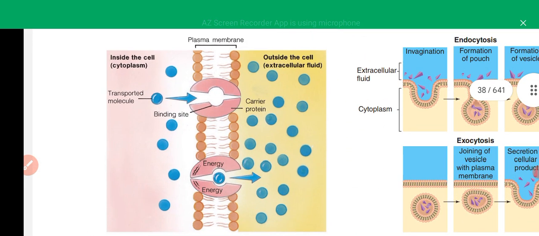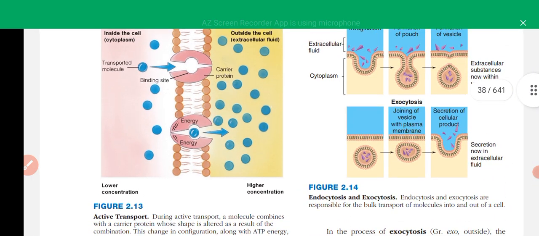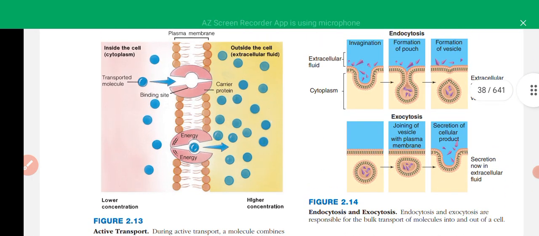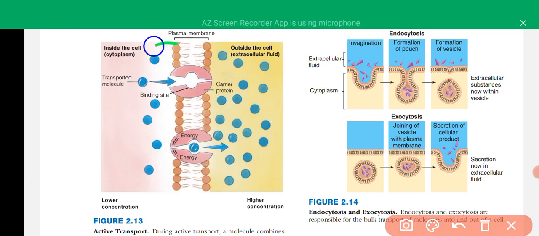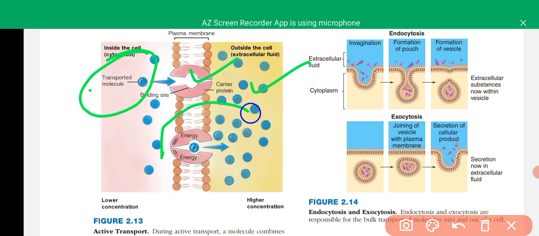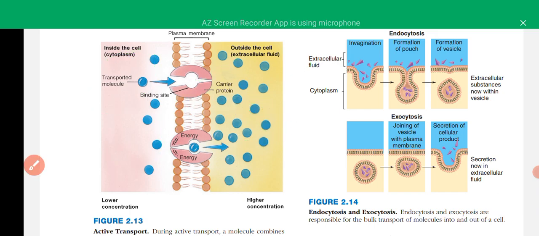This is a type of active transport process that requires energy to move material from low concentration to higher concentration. Here there is a low concentration of a particular substance, and here it is higher concentration. Then the transported molecule will combine with a carrier protein, and it uses energy to transport the molecule from lower concentration to higher concentration. Energy is used in the form of ATP.